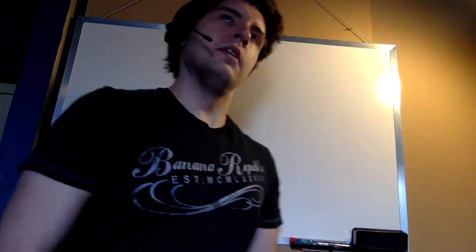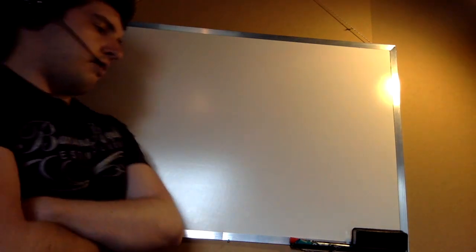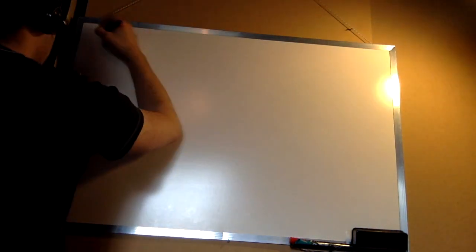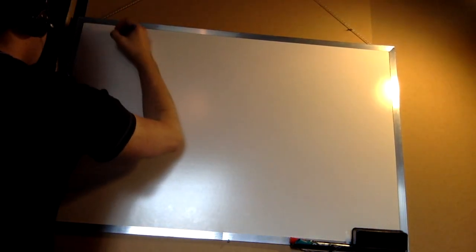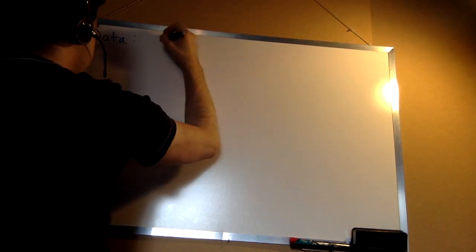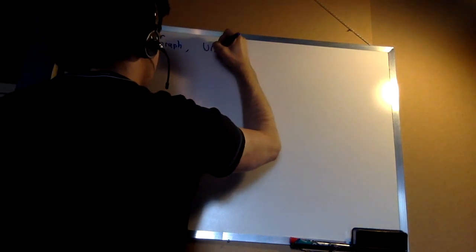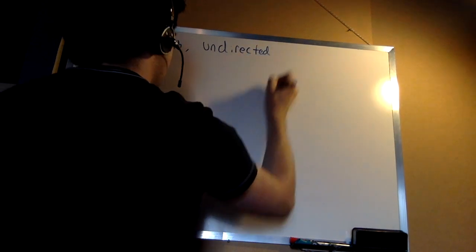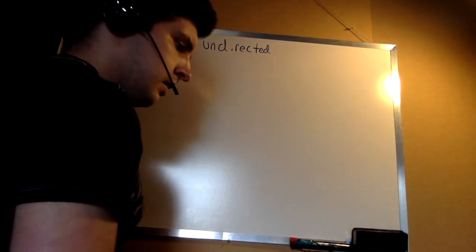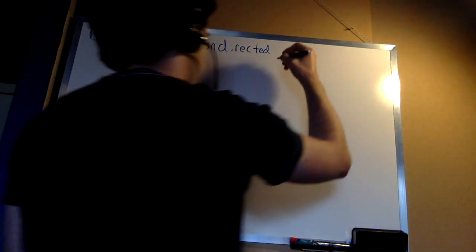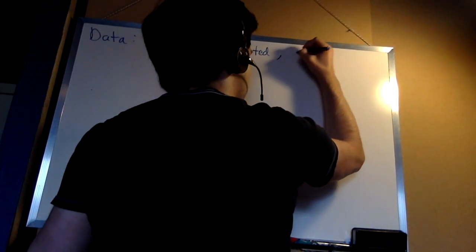Okay, so let's try to understand this problem for starters. Remember, it's undirected. So we'll just write the data that we're given is a graph. It's undirected, and we have a series of edges and vertices. So it's just a graph.